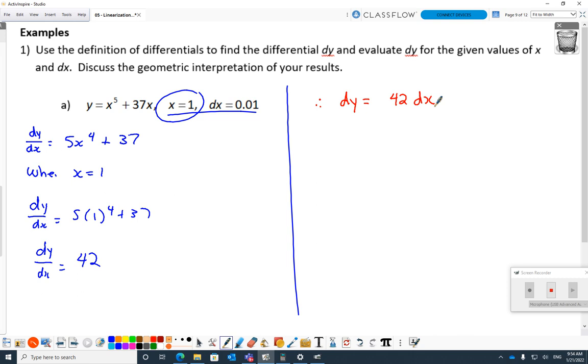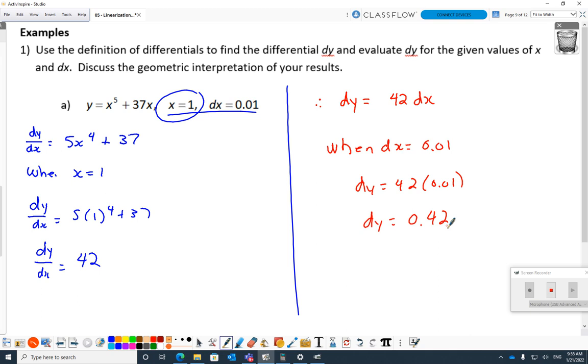So then someone says, well, what if you change the x by 0.01? What if you just want to move over 0.01? So when dx equals 0.01, dy will be 42 times 0.01, so the dy will be 0.42. The dy is 42 times the dx.